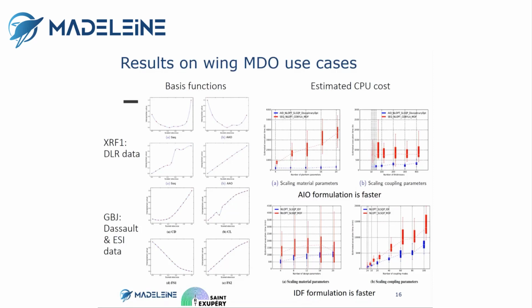And the same for a generic business jet configuration provided by Dassault, and ESI, who provided us the DOE data. Then we perform the statistics on the performance of the different formulations by scaling the design variables or coupling parameters, and we provided some guidelines based on those comparisons.